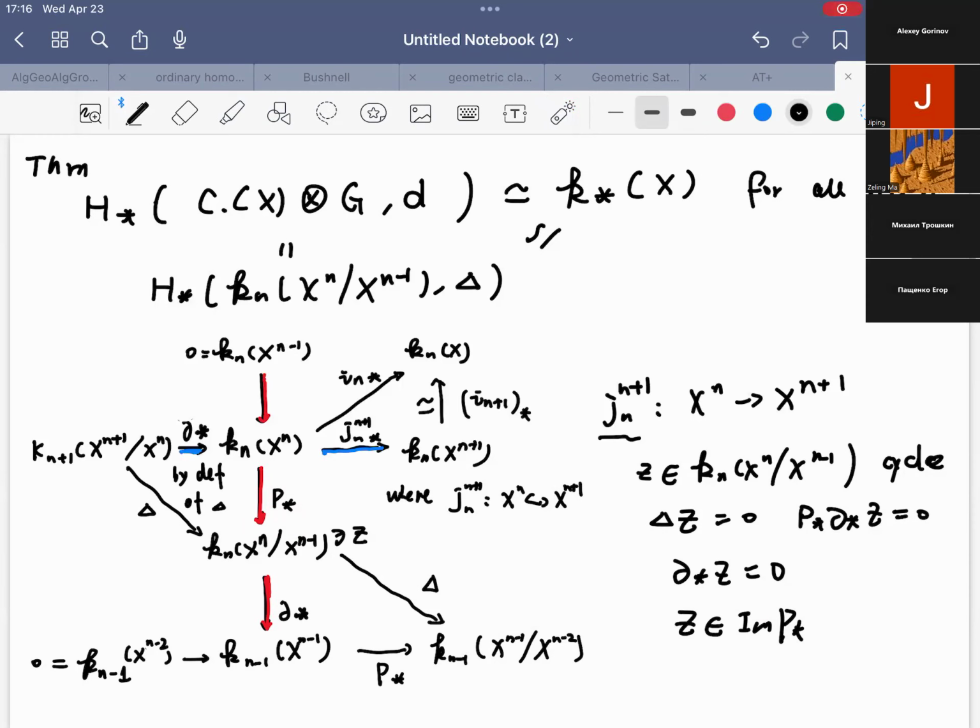So p star gives an isomorphism from the cycle to this one. So right here, p star is the isomorphism from the cycle.